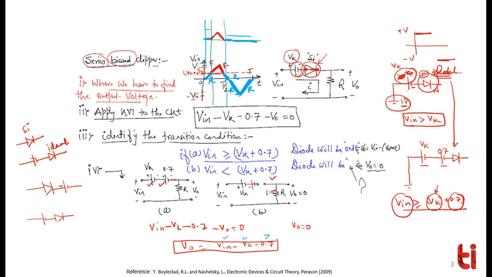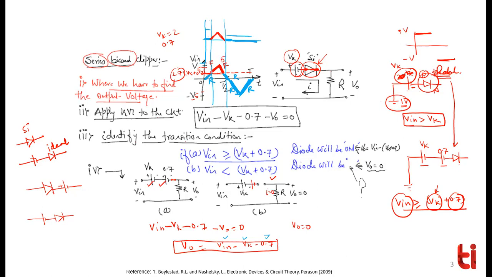Let's assume some voltage: this level is already Vk plus 0.7. Let's say Vk is 2 and 0.7 is 0.7, so this is already 2.7. Above 2.7, the diode is in forward bias. And what will be the output? Let's say Vin varies from 0 to 5.